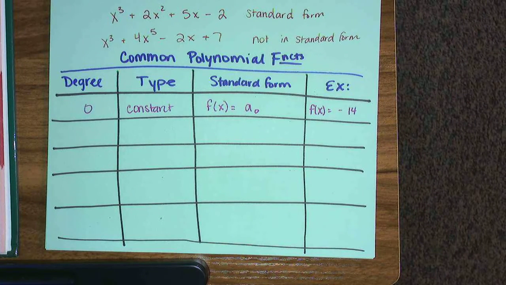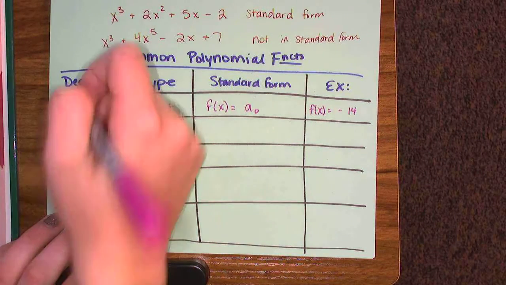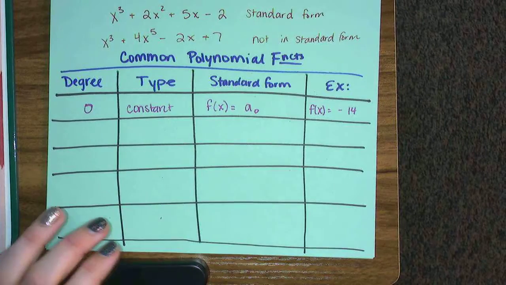It's just letting you know what term it is. It basically just means it's a constant term for this one. Yeah, it could be anything. It could be 12, 200, 5,000, whatever.